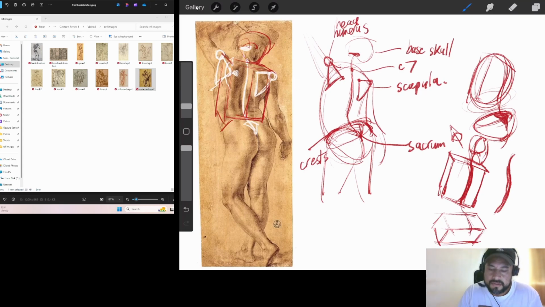I'd represent it like so. And you can always follow these crests of the pubis, or the pubic bone, and then draw through it like that. And get into the habit of simplifying the figure into these shapes.